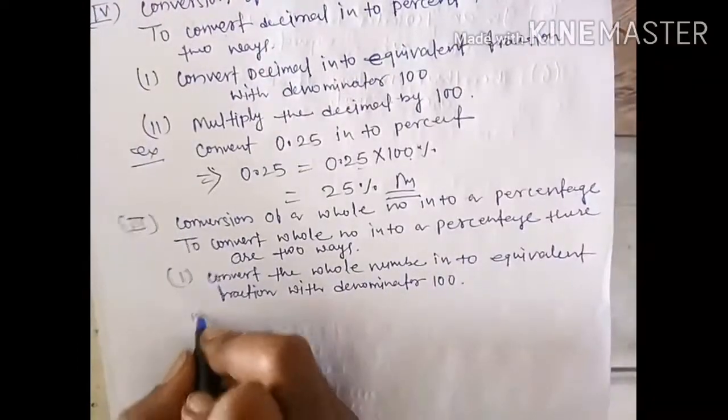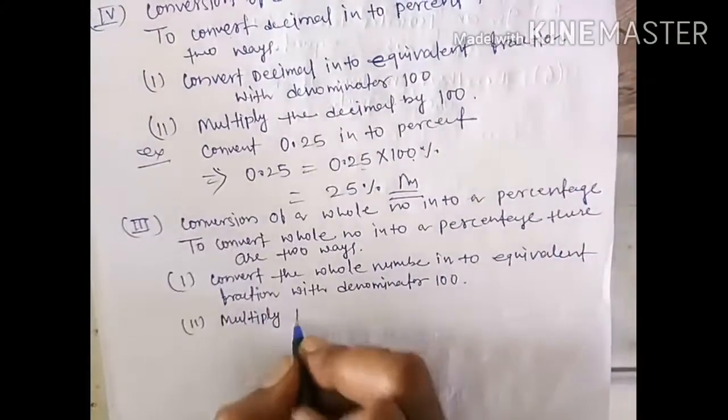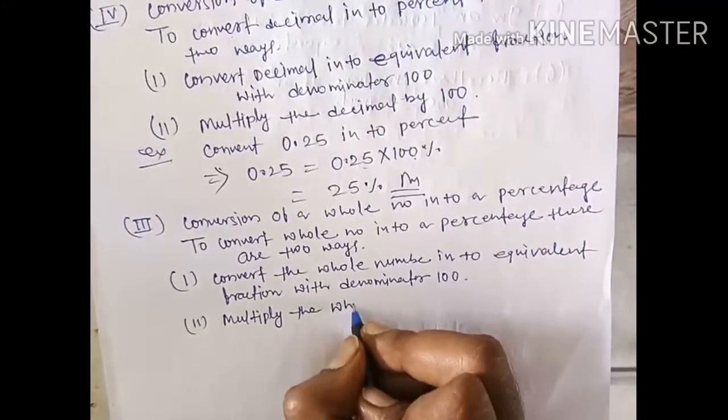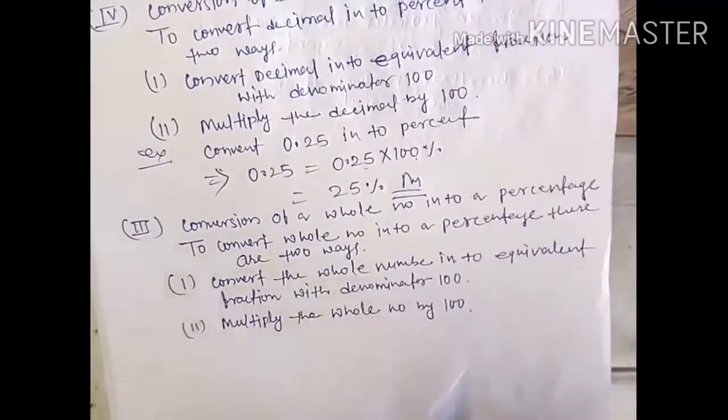And second is multiply the whole number by 100. There are also two ways.